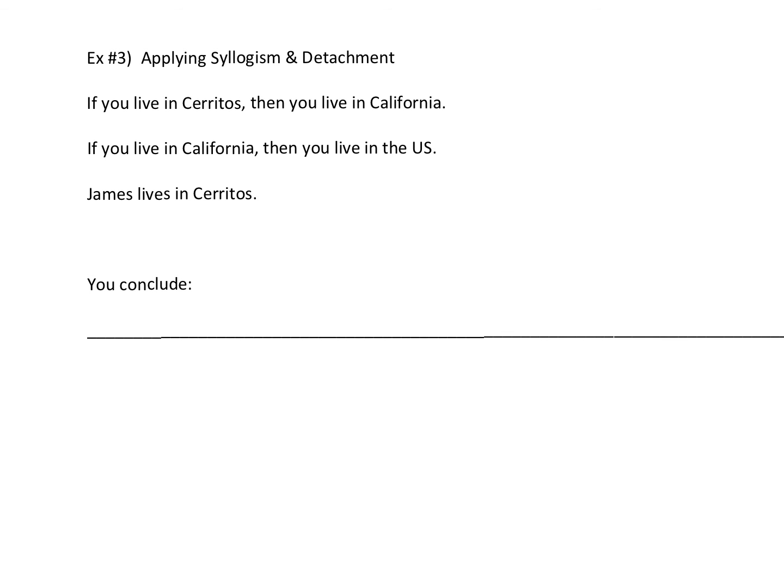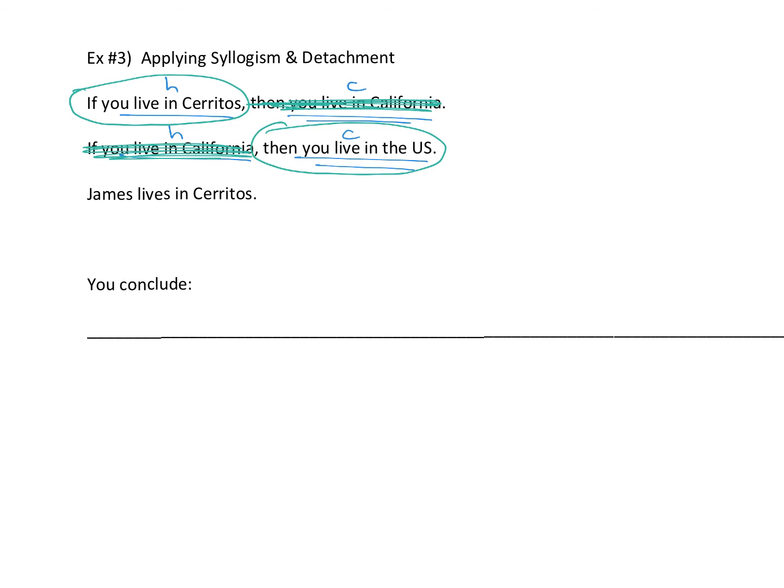Okay, here it is. If you live in Cerritos, then you live in California, right? Hypothesis, conclusion. If you live in California, hypothesis, then you live in the U.S., conclusion. So right there, you can use the law of syllogism, right? Law of syllogism here would say, get rid of the 2 that are the same. And we're left with, if you live in Cerritos, then you live in the U.S., okay?